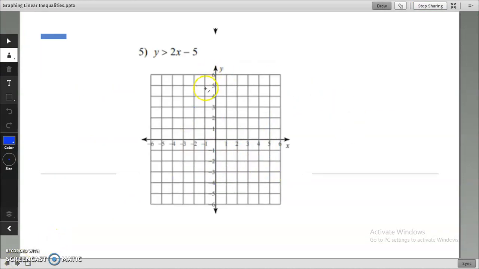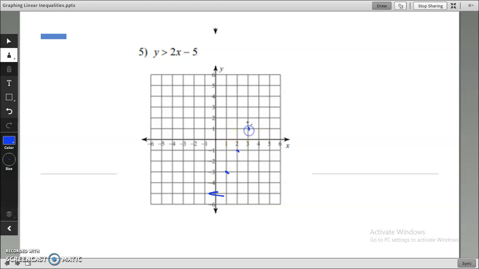So we have y is greater than 2x minus 5. I'm going to start here at -5, and then I'm going to go up 2 over 1, 1, 2 over 1, 1, 2 over 1, 1, 2 over 1.